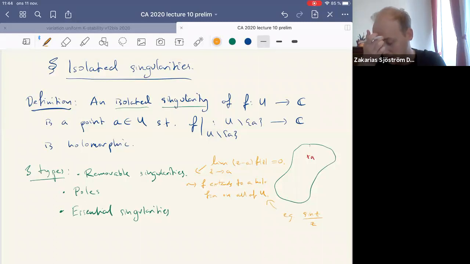I mean, one example would be sine z over z. You can go back to that. And then you have the poles, which is what I will talk about next.